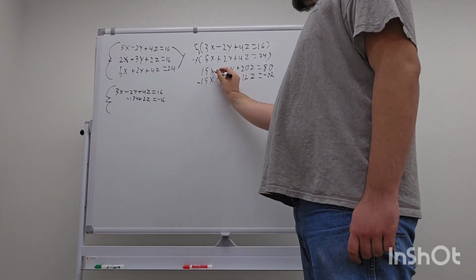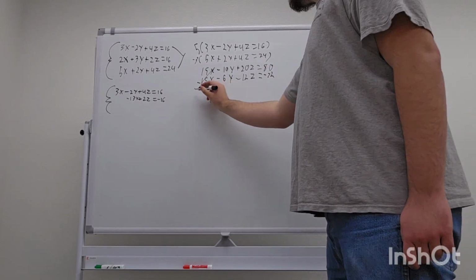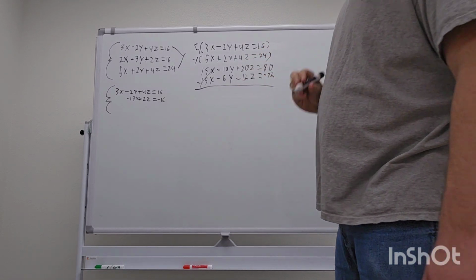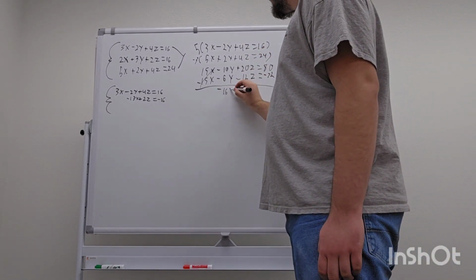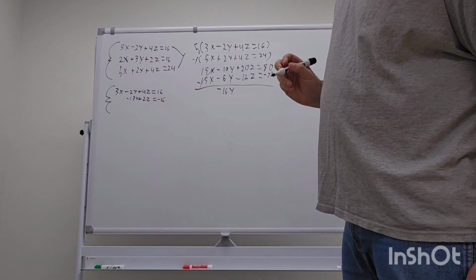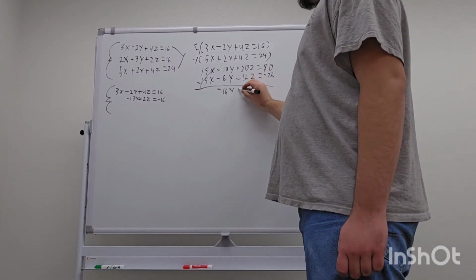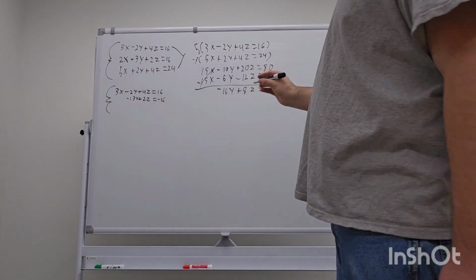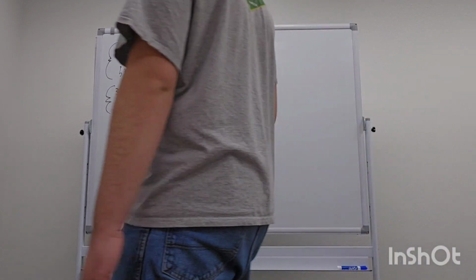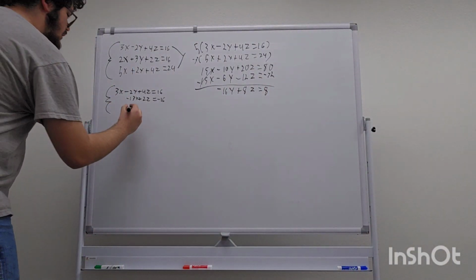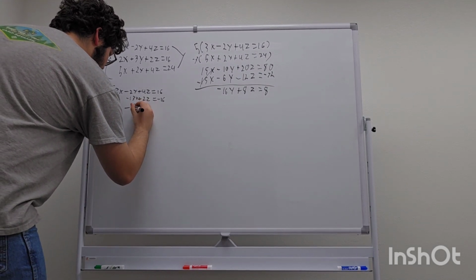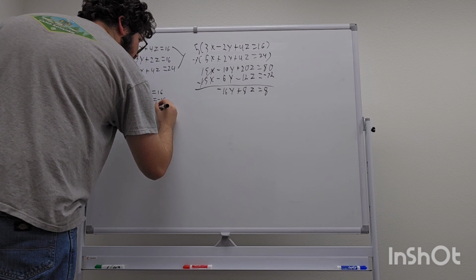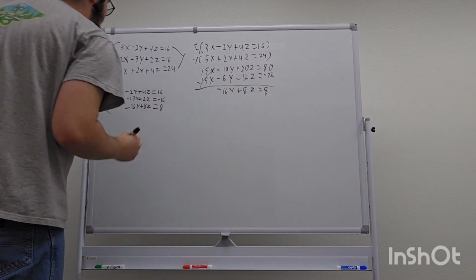So, same as before, these two coefficients cancel out, leaving us with negative 16y plus 8z equals 8. And we're going to substitute that for the bottom over here on our next equation. Equals 8.